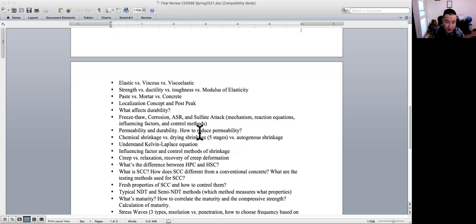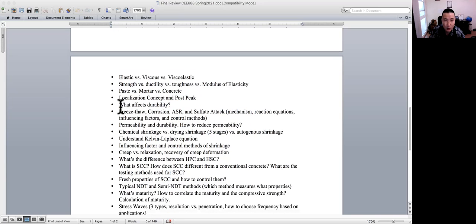And then durability. What affects durability of concrete the most? That is definitely the permeability of concrete, or how easily air and water can penetrate the concrete. So permeability is the most important.